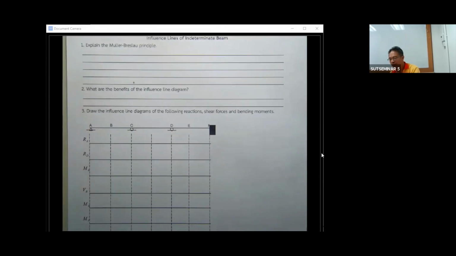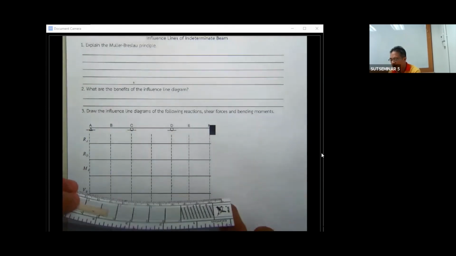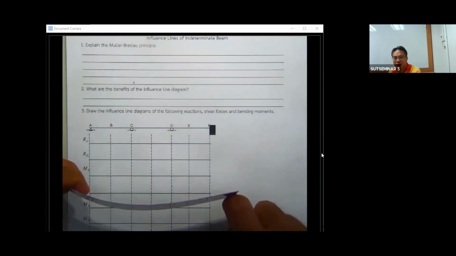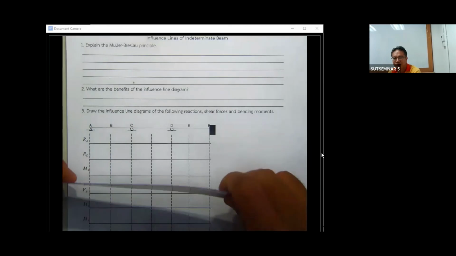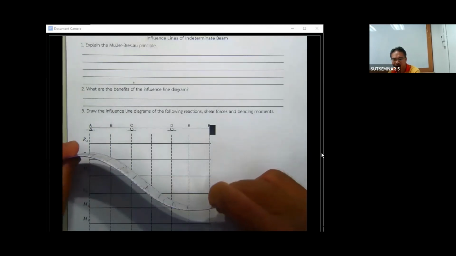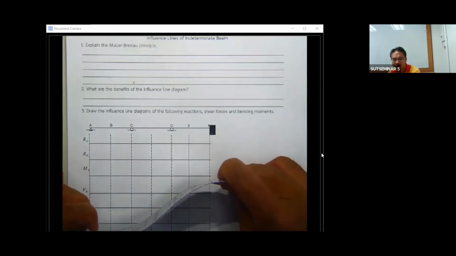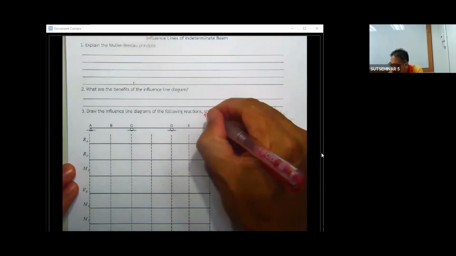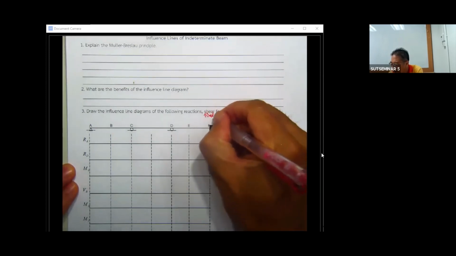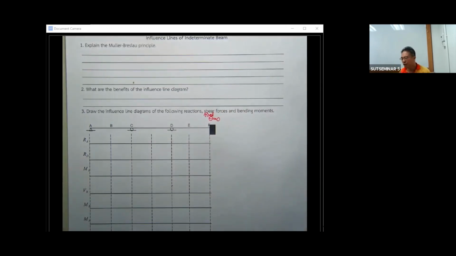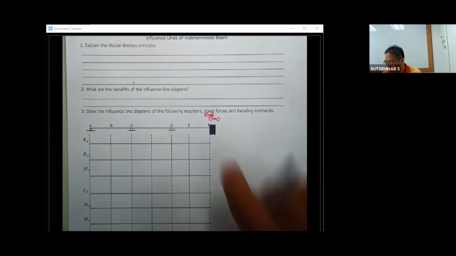The fixed support has a special effect. When this end is the roller, it can rotate, but when this one is fixed, it cannot rotate. The slope at the fixed end is 0. So this is going to be the special thing. Compared to the previous one, I just changed this one to fixed.